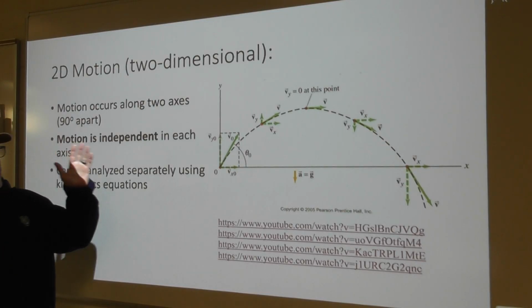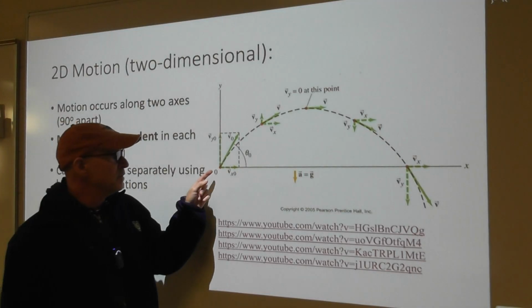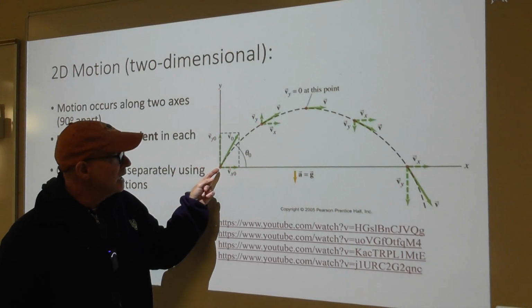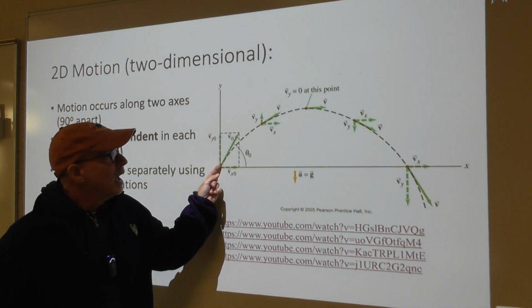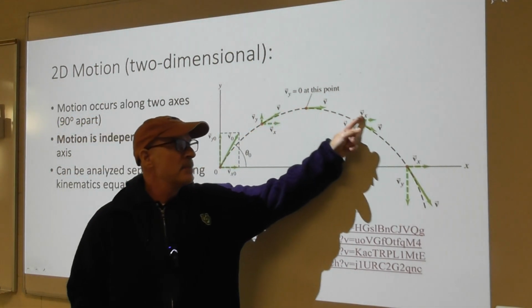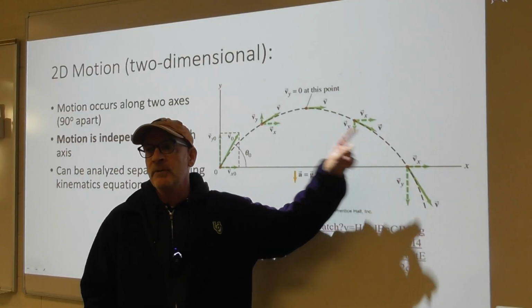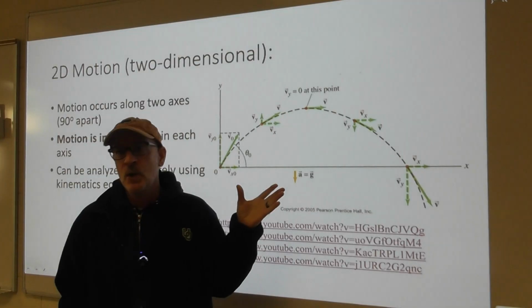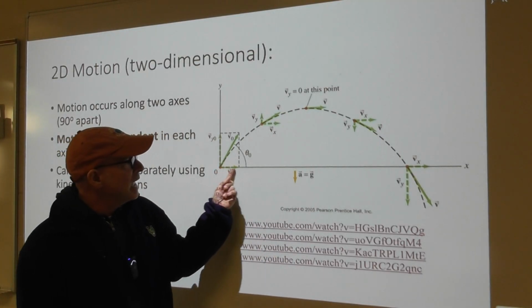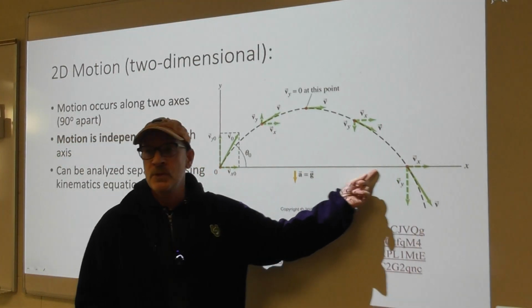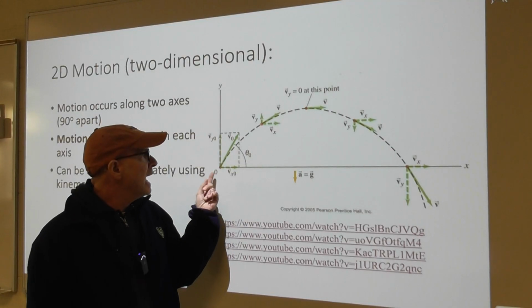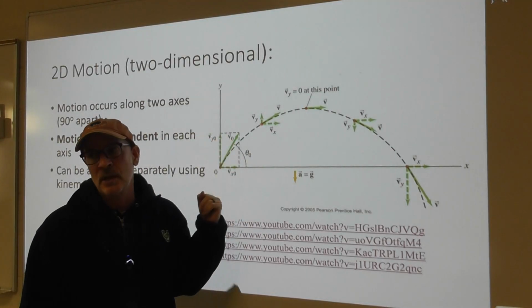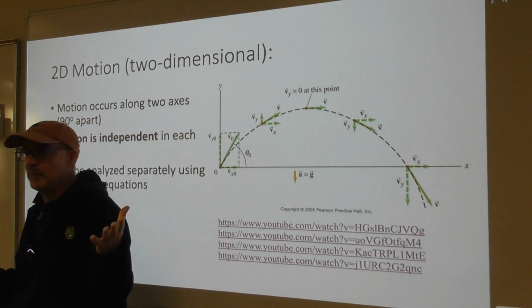If, for example, we were to kick a soccer ball up in the air, and then it comes back down to the ground, if we knew enough about how that object was moving, we would be able to look at its left and right motion using our kinematic equations and its up and down motion using our kinematic equations completely separately.